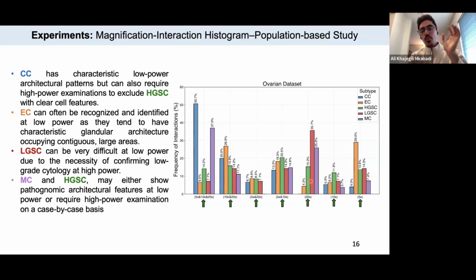So there is no such case that when we want to diagnose, we say, let's go directly to the 20x. We need to investigate all the magnifications to see what happens. Some of them are confirmed in lower magnification. Some of them are confirmed in higher magnification, or sometimes we need to go higher, lower, higher, lower, lower, higher. This pattern repeatedly to confirm our diagnosis.